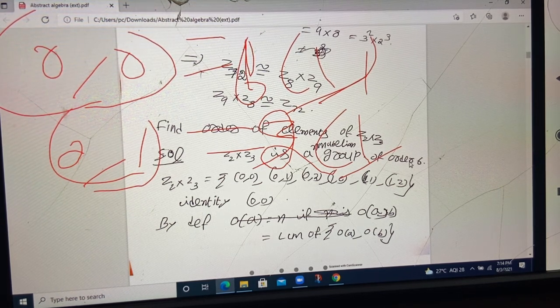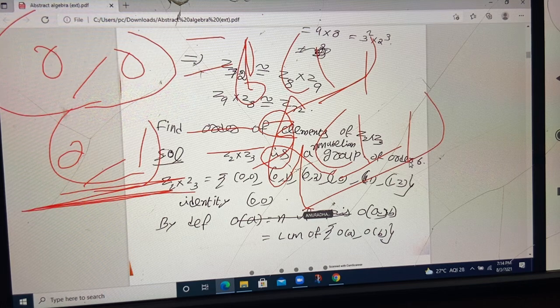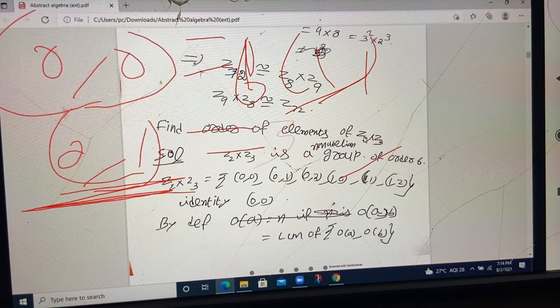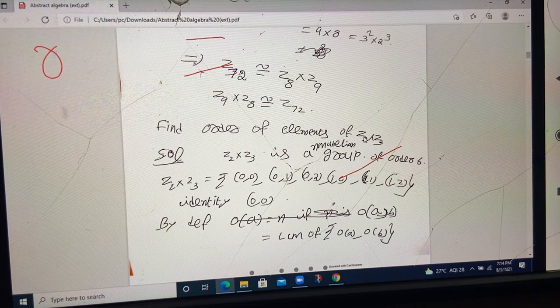We got 4 comma 4, so 4 into (1,1). So we could write every element as a multiple of (1,1). Therefore, we can say that (1,1) is a generator.